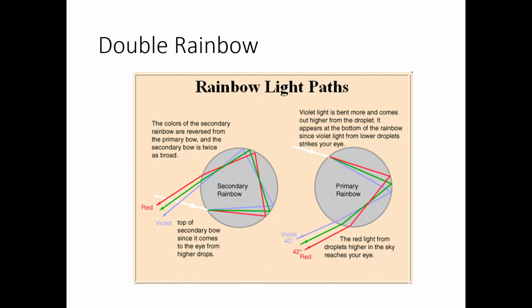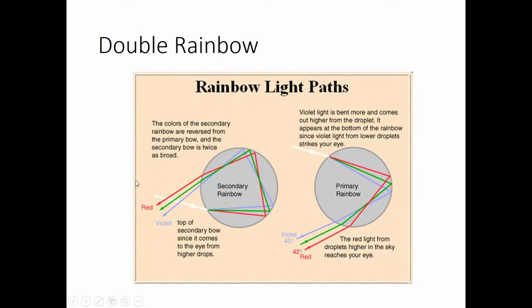Now, what about double rainbows? Well, believe it or not, double rainbows actually are a thing. The only difference between a double rainbow and a single rainbow, what's called a primary rainbow versus a secondary rainbow, is that those individual wavelengths of light have actually bounced off the raindrop twice.